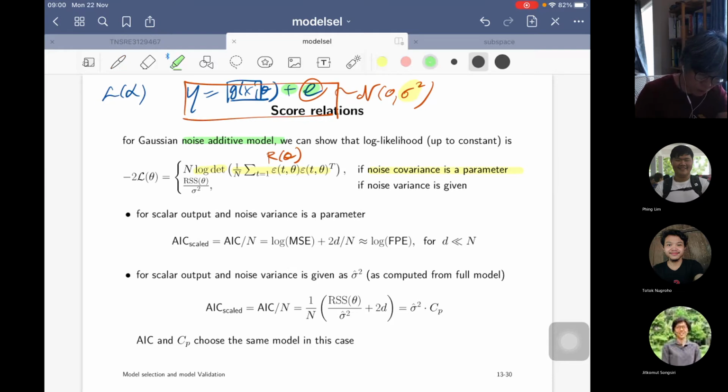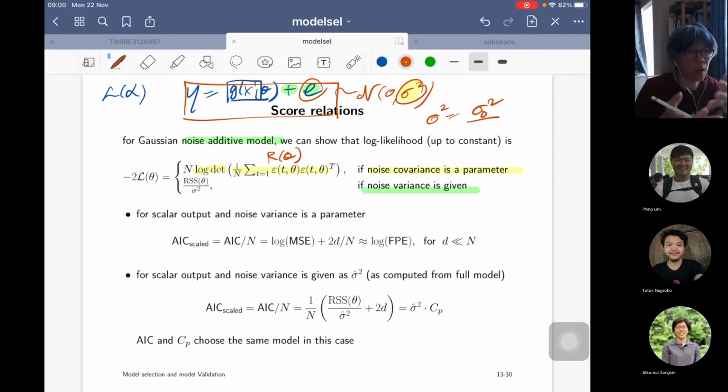If the noise variance is not a parameter to be estimated, say someone gives you the value of the noise variance, then the way you derive the log likelihood will be slightly changed, and it can be proved that it ends up with the residual sum of squares divided by sigma square, the value that is given.